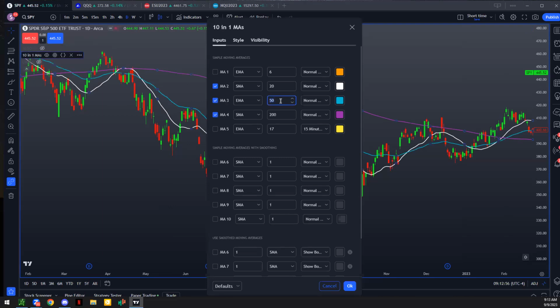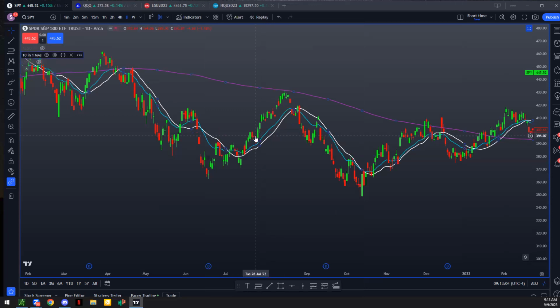We'll change it to 17 and make it blue. So you see my 17 EMA is blue. His 20 SMA is white. It's really close, so for me, it's not that much of a big deal. Let me take that off real quick.